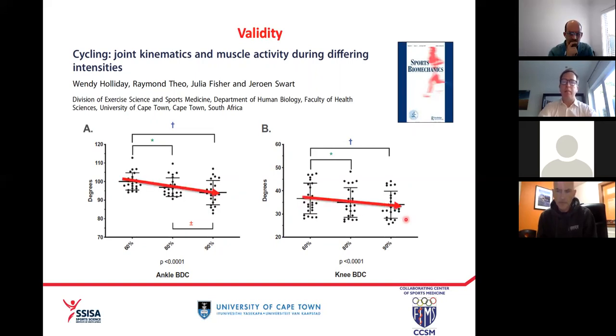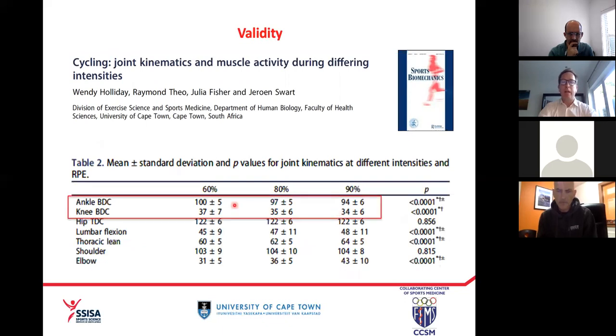And if we look at the numbers, we can see that the ankle changes by approximately 6 degrees from 60% intensity to 90% intensity, and the knee changes from 37 degrees. So once again, about 7 or 8 degrees greater than the mid-range of the Holmes method, and then down to 34 degrees at 90%. So approximately a 3-degree reduction in knee flexion angle at very high intensities.